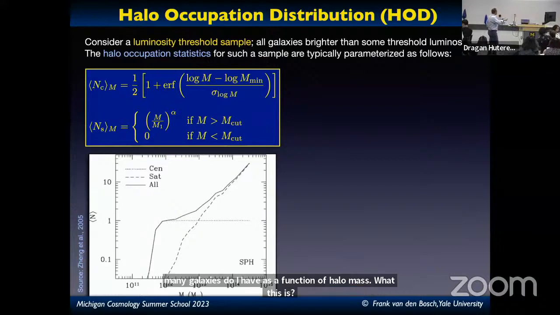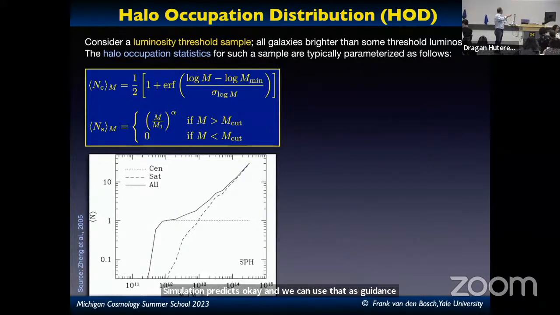And here's an example from a simulation. It's plotting the number of galaxies as a function of halo mass in an SPH simulation. And you see the solid line here. If you look at the centrals first, it's either 0 or 1, and you see there's a transition. And it basically means in halos below this mass, you can't resolve the physics, or what really happens is you're talking about galaxies above a given luminosity.